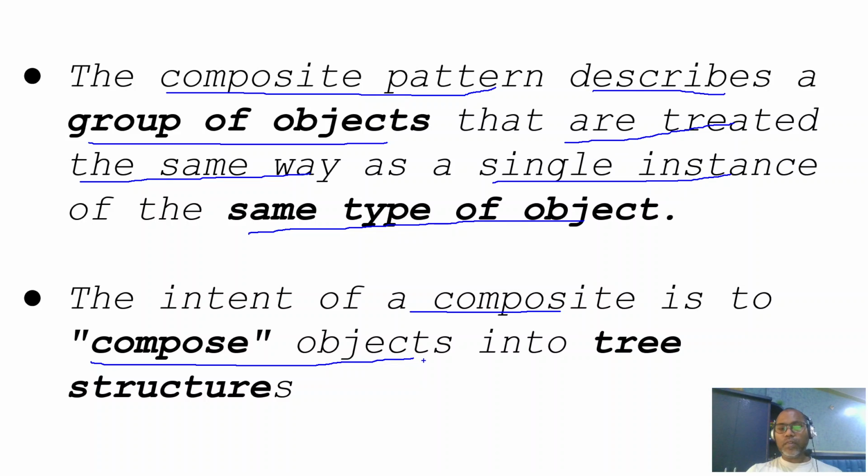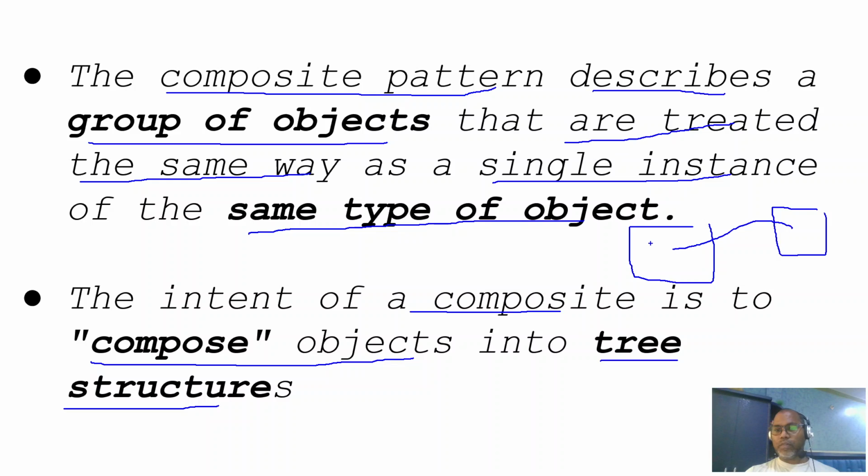compose objects into a tree structure. Okay, this is the kind of thing. Compose means you are creating an object with the help of another object. So let us say we have one object, and you are creating another object with the help of this object. This is the composite object.